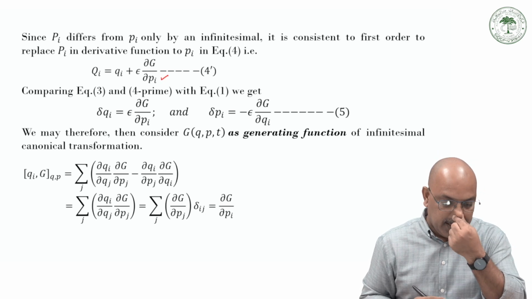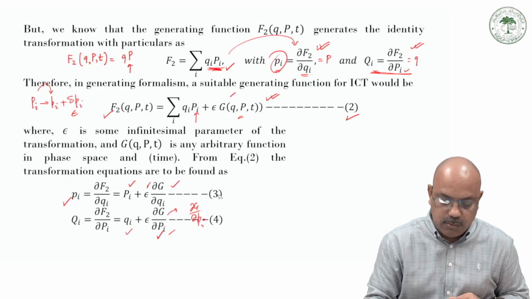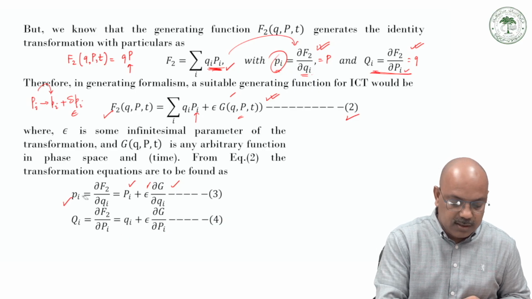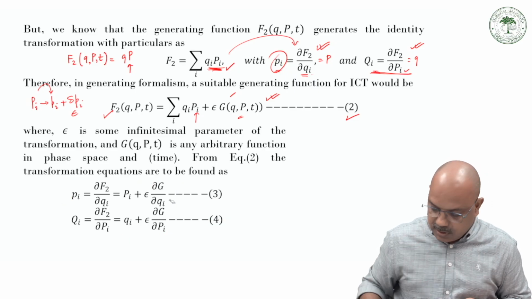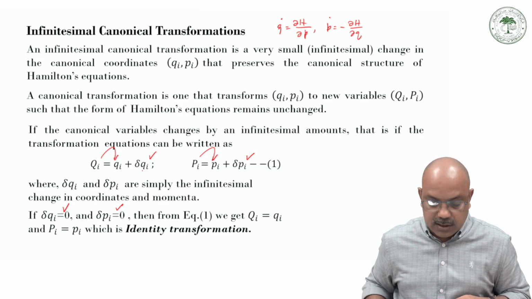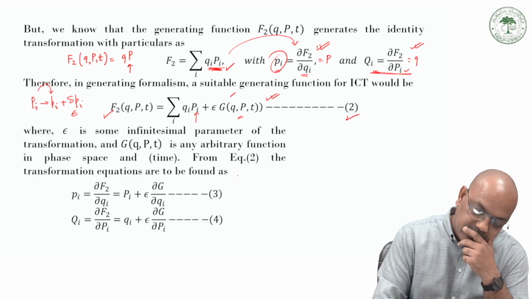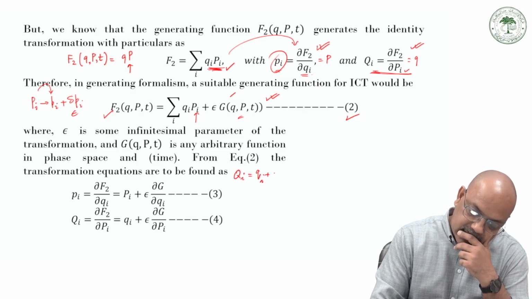Now, if we compare equations 3 and 4 with equation 1, which, if you remember, is capital Qi going to Qi plus delta Qi, and capital Pi going to Pi plus delta Pi.